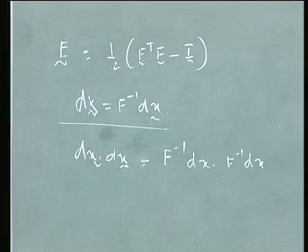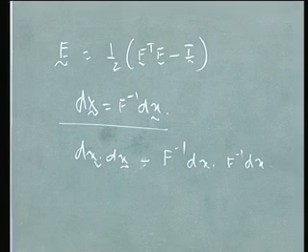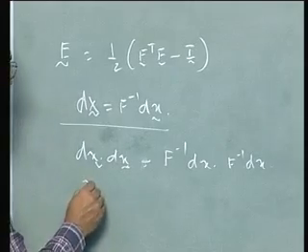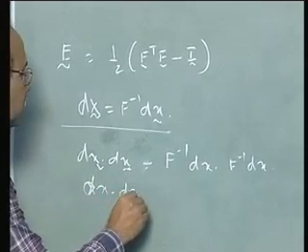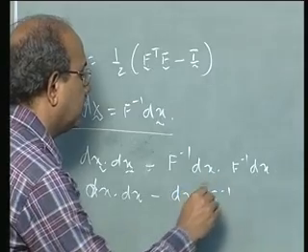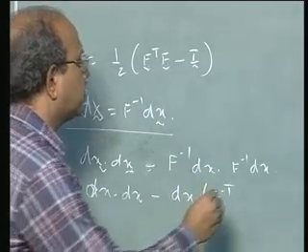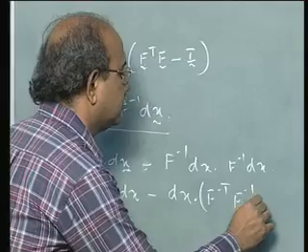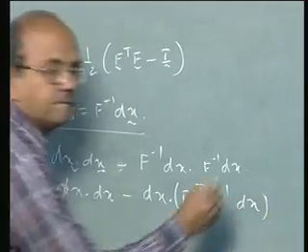Now you can write that as dx dot dx minus dx dot F inverse transpose F inverse dx.